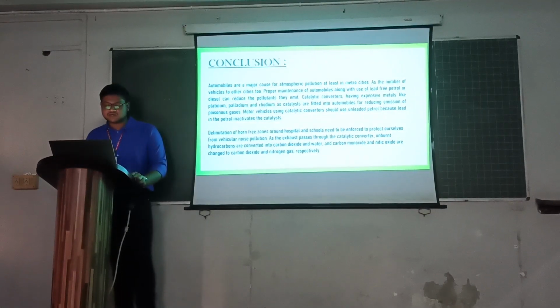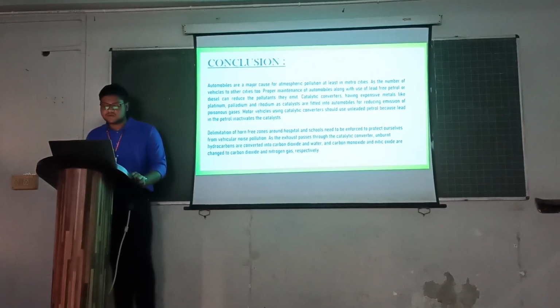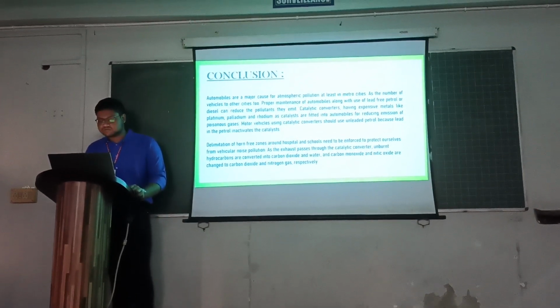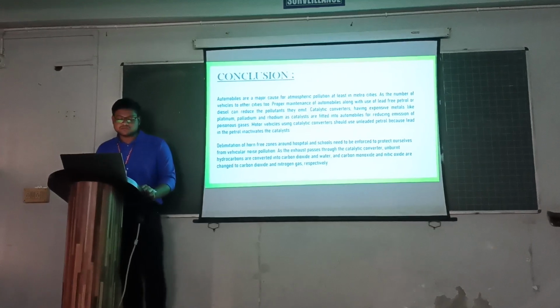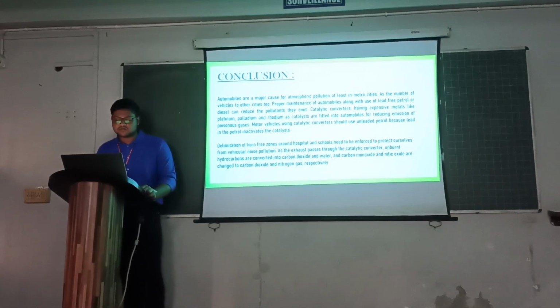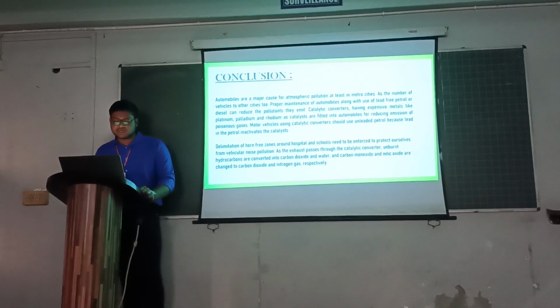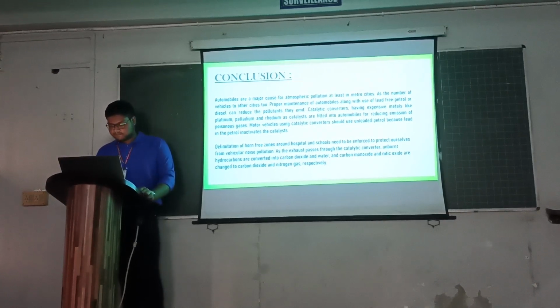As the exhaust passes through the catalytic converter, unburnt hydrocarbons are converted into carbon dioxide and water, and carbon monoxide and nitric oxide are changed to carbon dioxide and nitrogen gases respectively.